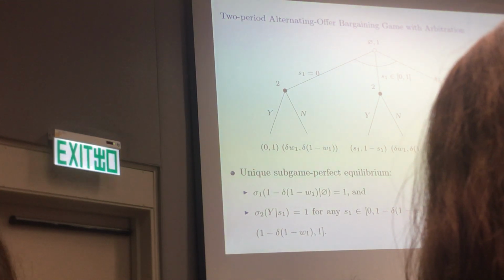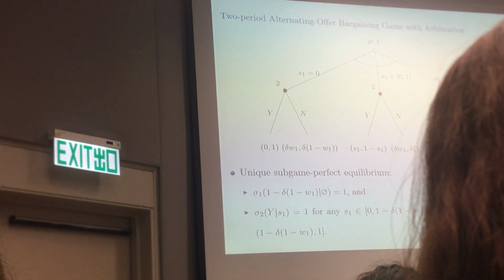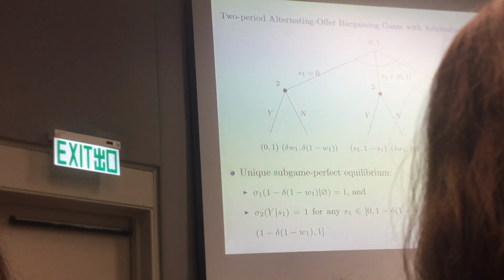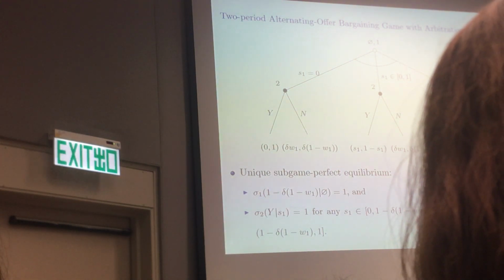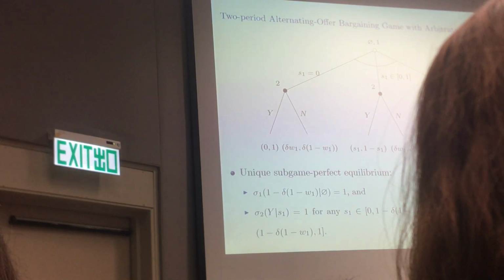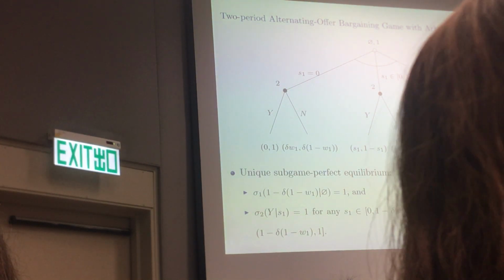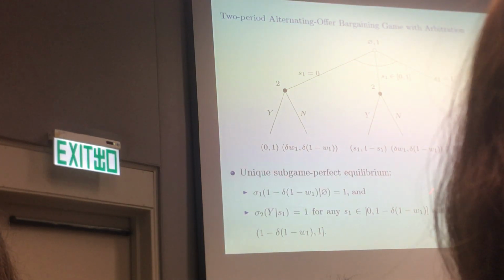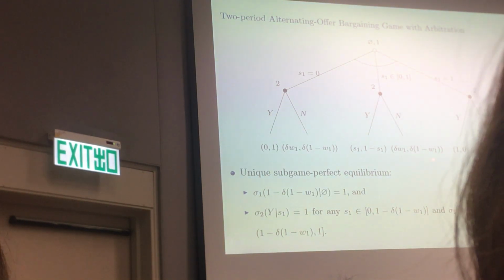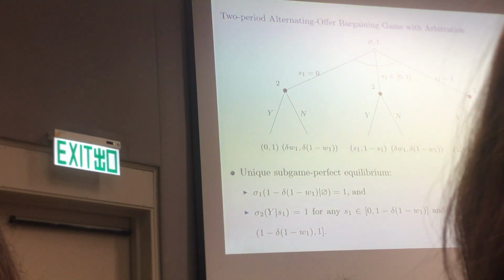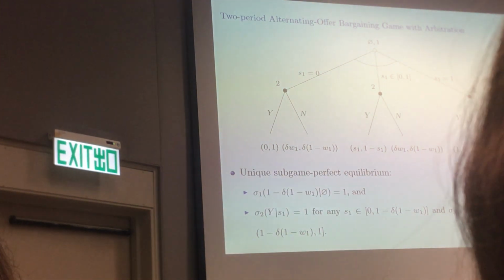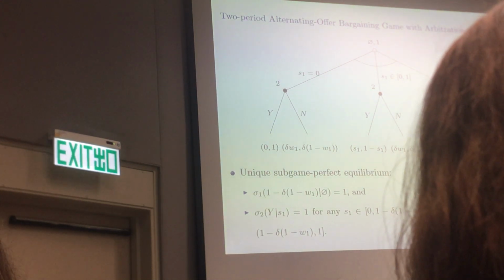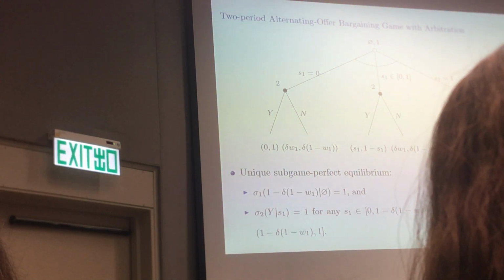Okay, then again we know how to solve this game. In this case, at the end of the day, the responder's payoff will be exactly equal to the outside option, and that outside option is this number, delta times 1 minus W1. And the proposer, which is player 1, will enjoy 1 minus the responder's outside option.